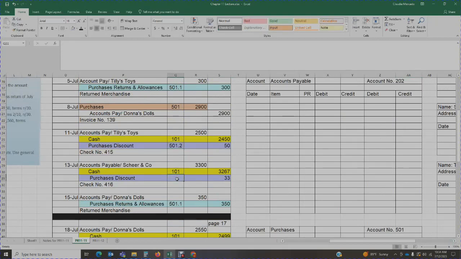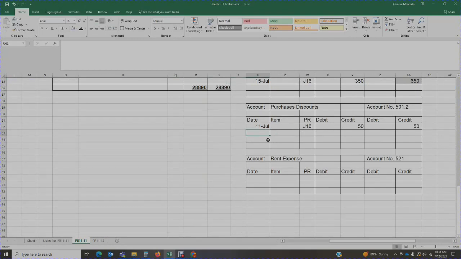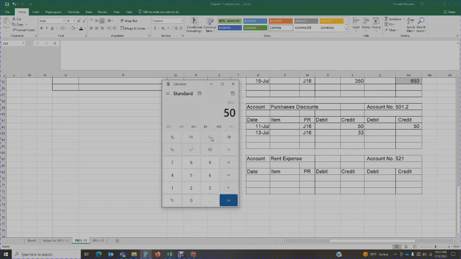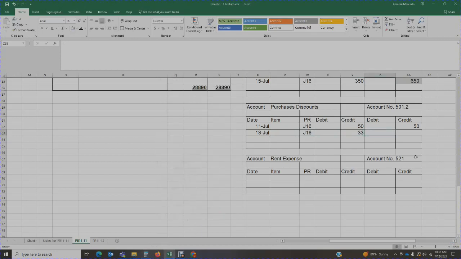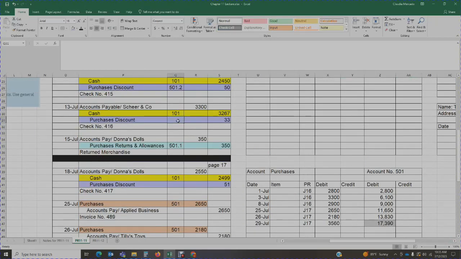Next we have July 13th, Journal 16, and then we have a credit of $33. So we've got 50 plus 33 is an $83 balance. We've got credit and credit, so you add them to get the updated credit balance. And then we enter on the post reference the general ledger number that we posted it to.